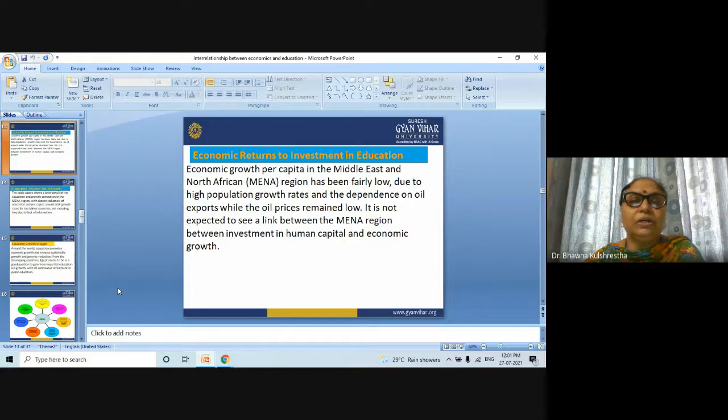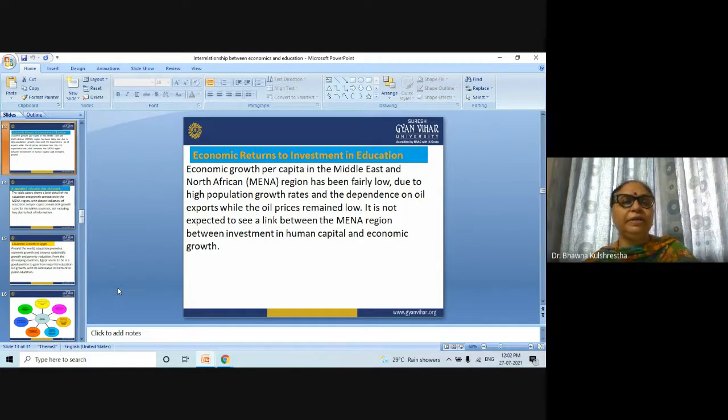Low, it is not expected to see a link between the MENA region and between investment in human capital and economic growth. And this growth, the positive relationship between economic growth and education is that individuals were willing to take more years of schooling to be able to earn more and get better jobs.